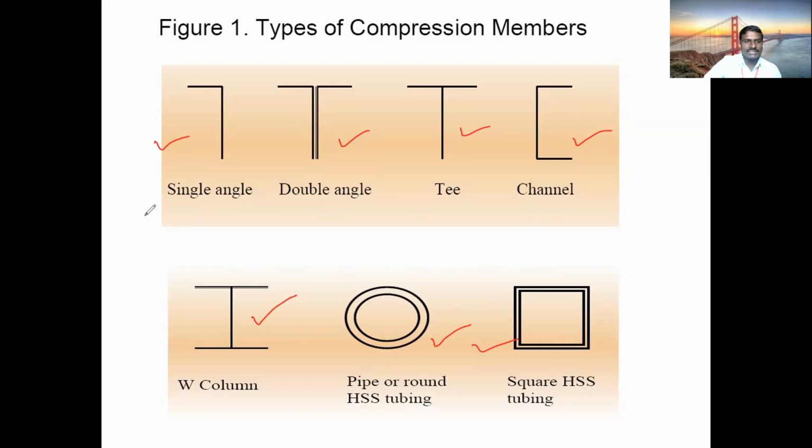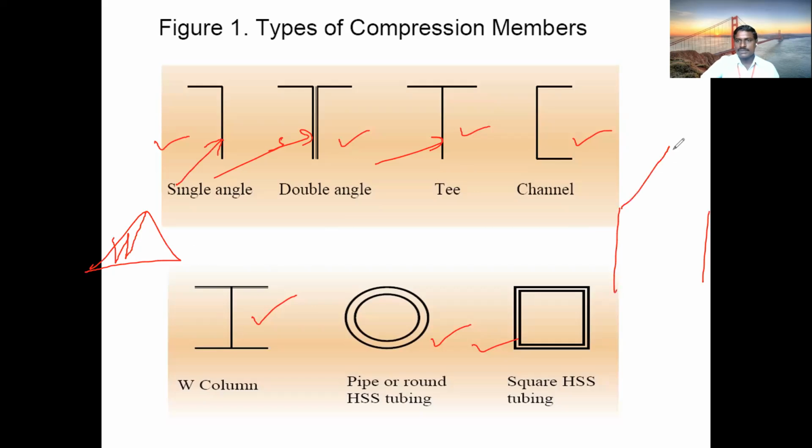So for all these we can use angle, double angle. Generally in a truss we can use single angle, double angle, T. And like this, these are the columns. So for columns we can use this channel, this I section, these circular tube pipes, these hollow square pipes.